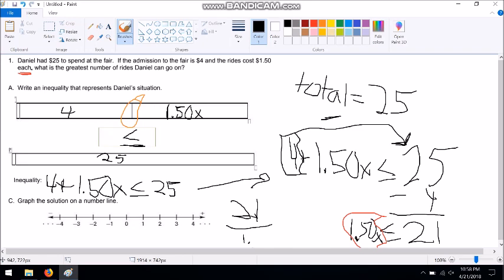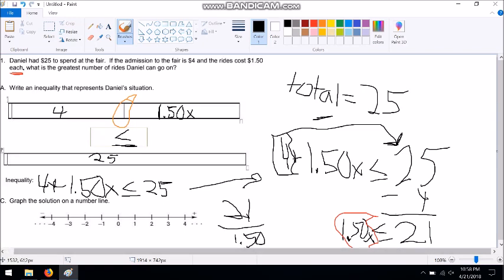So we're going to do 21 divided by 1.50. And 1.50x divided by 1.50 is just going to be x because you're getting rid of the 1.50. Okay, so now I'm going to erase this all to give us a little bit more room to do some more work. It should be pretty quick.